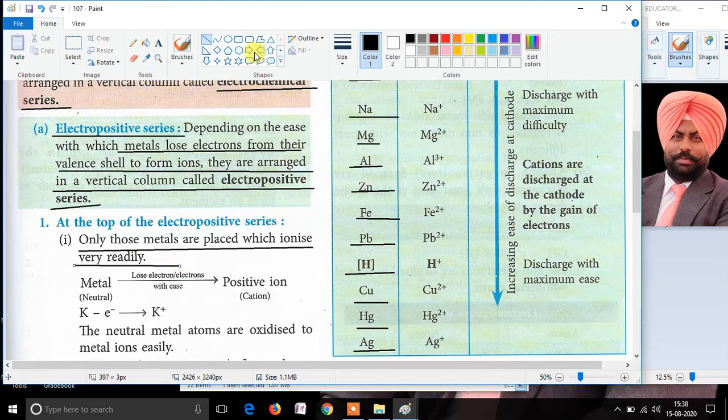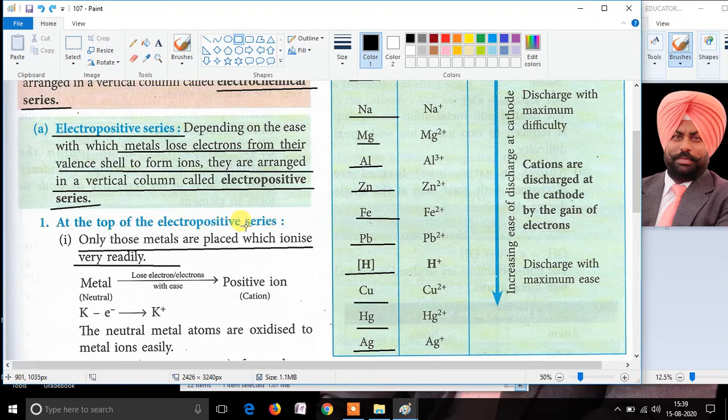Taking the example between zinc and iron, zinc will form ions more quickly than iron because it is placed at an upper position than iron. So this is the character which we have to study: iron forms ions less readily than zinc, which means zinc forms ions more readily than iron.